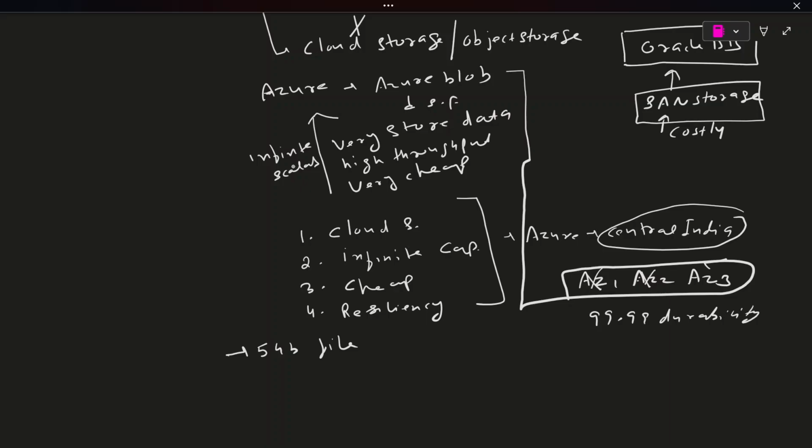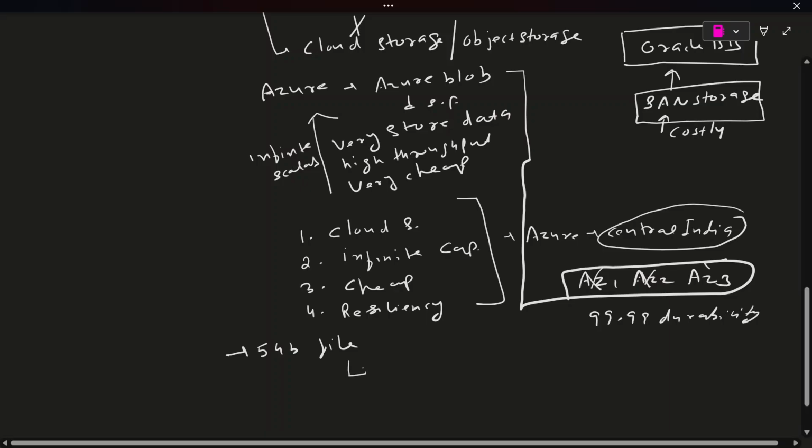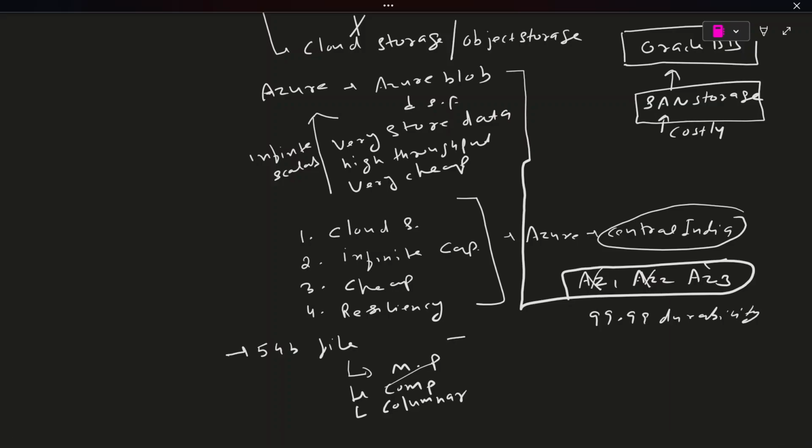What does Snowflake do? Snowflake has the concepts of micro partitioning, compression, and columnar format. All these three Snowflake utilizes while saving this 5 GB of data.